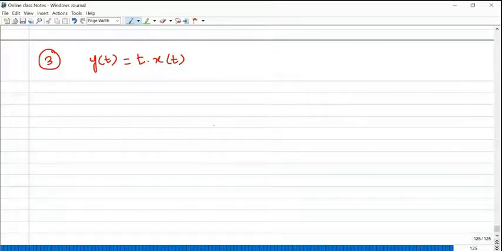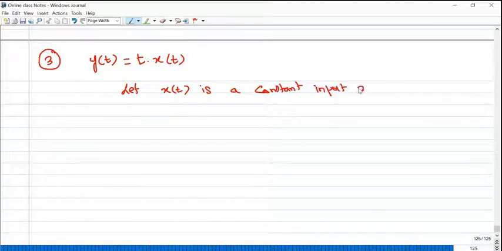So in this example, I assume my x of t is a constant input, a DC value. That is x of t equal to 1.